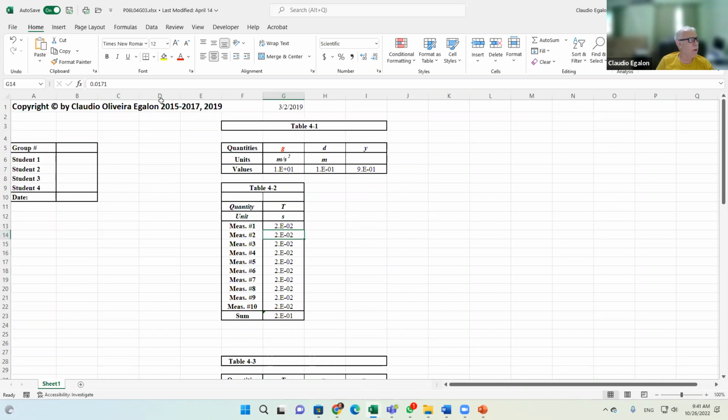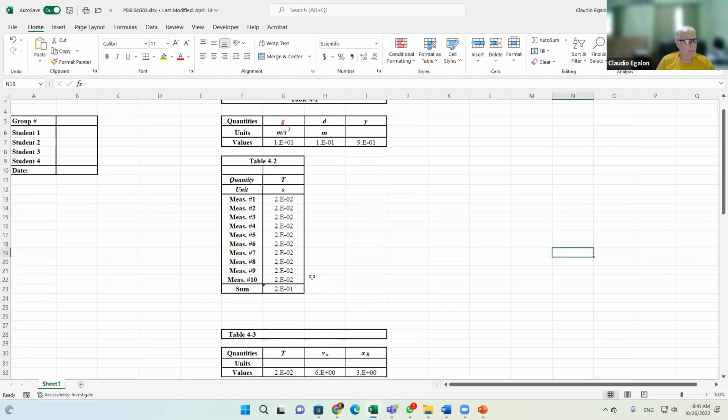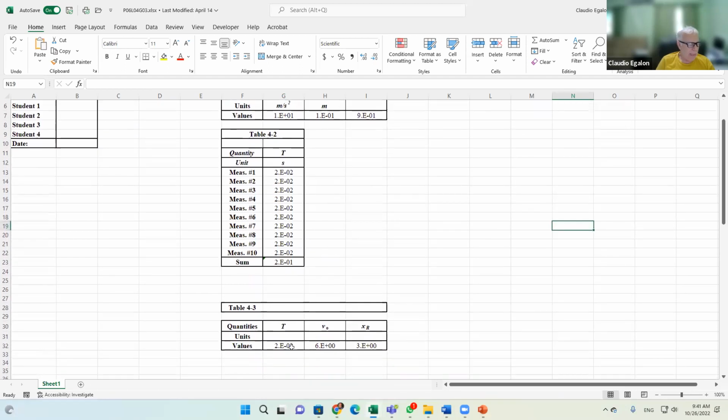The next one, 0.0171, it varies a little bit, 0.0167, 0.0166, and so on. So you're going to sum all those experimental results and take the average value of those measurements. That's what we have here.